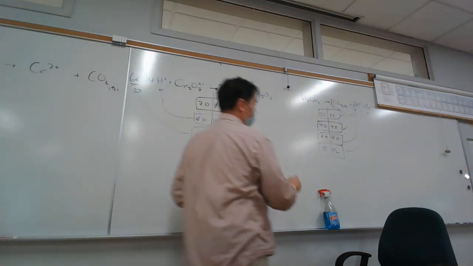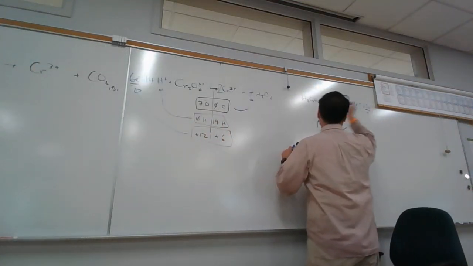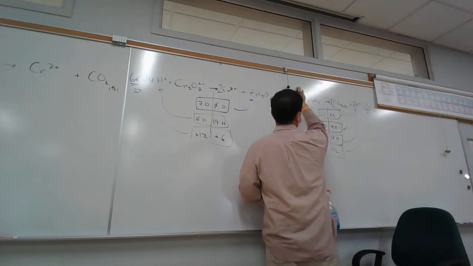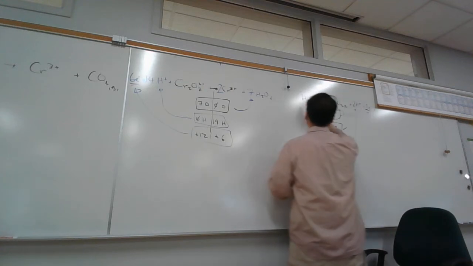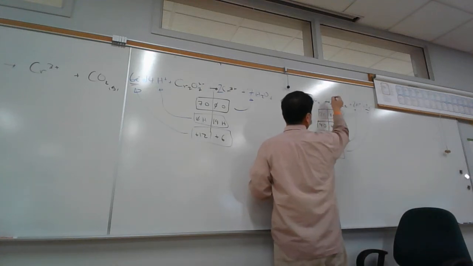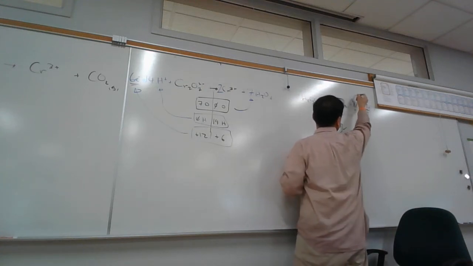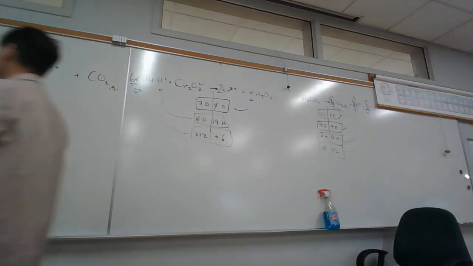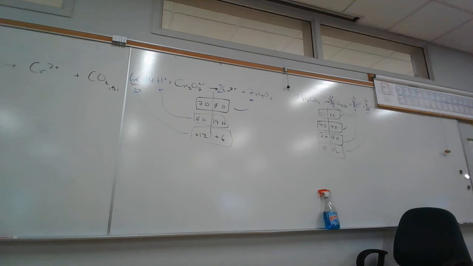We have 2 electrons on the second. We have to get these balanced. So I'm going to multiply this one by 3 times this. So I'm just going to go ahead and do that here. So this is going to be 3, 6, 6, and 6. And then combine the 2. So let's go ahead and combine the 2 here.